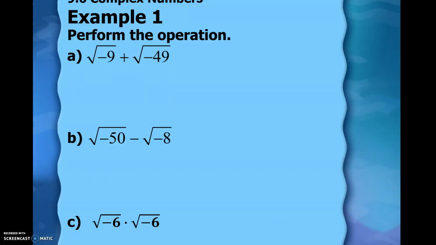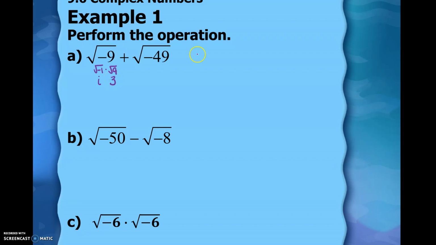All right, let's try a few problems. The first one, the square root of -9. We could take the square root of -9 and split it into the square root of -1 times the square root of +9. The square root of -1 is the imaginary number I. What is the square root of 9? 3.